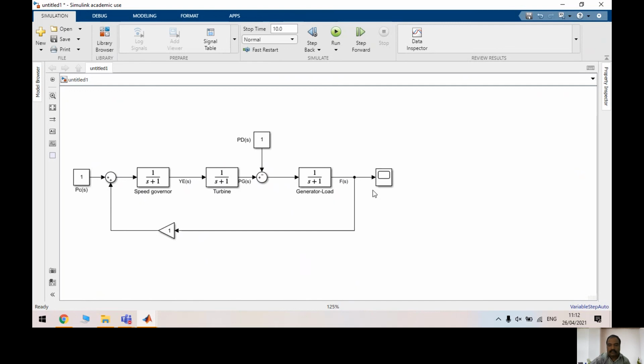Now, see, this is a normal scope which gives you a change in frequency, but if you want to have a visualization of all these three things, I'm going to keep another scope with three inputs.